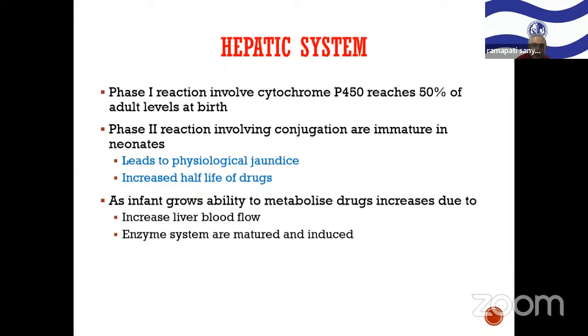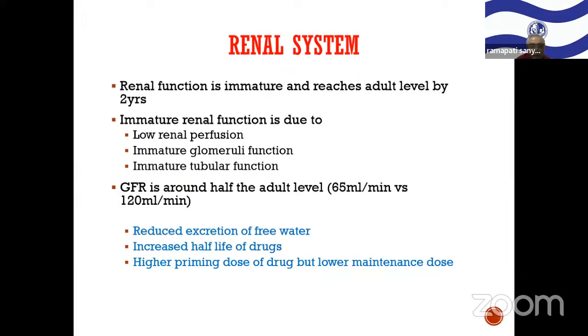If you come to the renal system, one thing also is very important. These neonates and infants also suffer from hyponatremia. This is also very important. It is basically because of this immature glomerular and immature tubular function, they cannot absorb most of the sodium that comes in and gets filtered, and this immature tubular function cannot hold on or take back the sodium from the tubules.